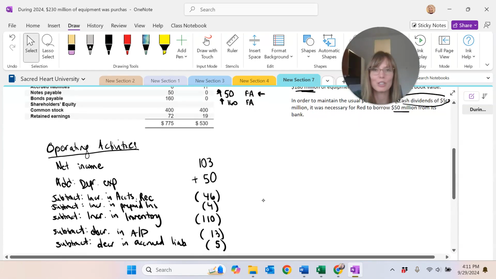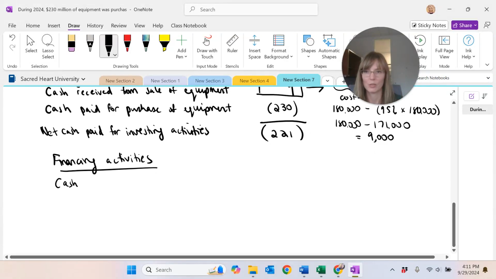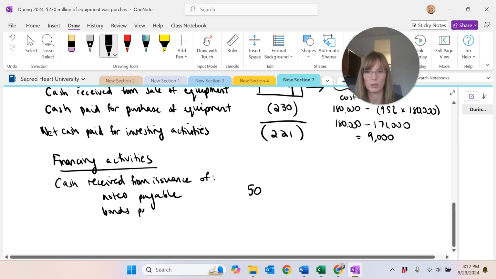So we received 50 from notes payable. We received 50, and from the issuance of bonds payable, the bonds payable were 160.